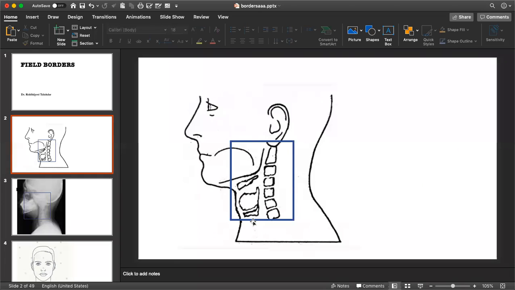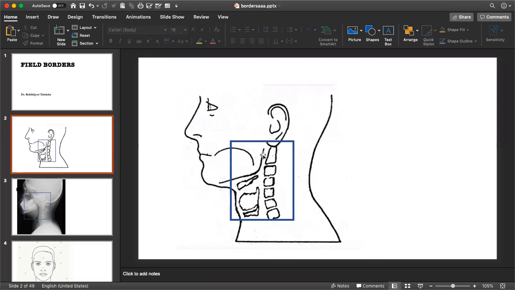So just repeating the borders before we move on from oropharynx. For posterior one third of the tongue, for tonsillar fossa, for soft palate, your superior border would essentially be at the level of the C1, or at the superior border of the hard palate, and that way you would be covering the entirety of oropharynx, as well as the superior extent of the level 2 nodes.